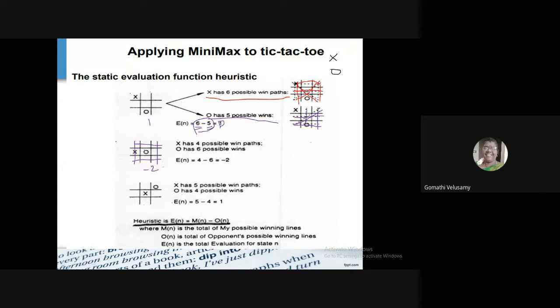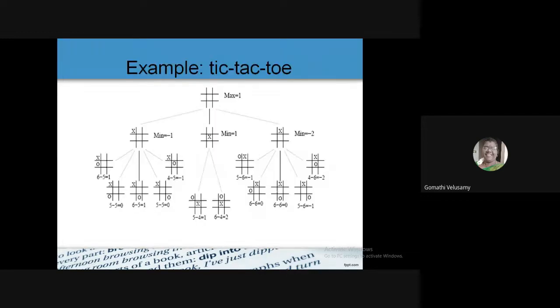Now, given different such positions, you are able to calculate your heuristic value on the terminal node. After that, you can apply the maximum theory as such to calculate the possibility of player 1 or player 2 towards winning. So let me expand this with some more intermediate node values and levels.